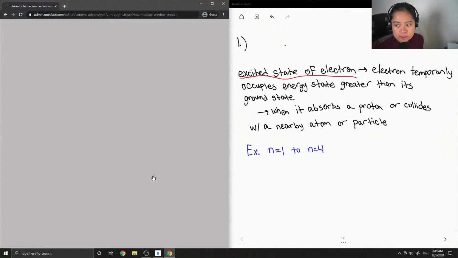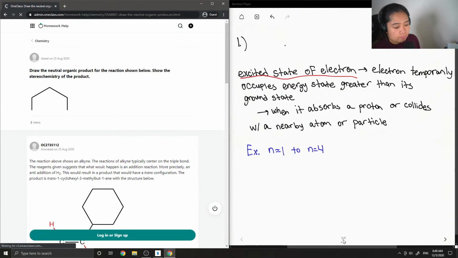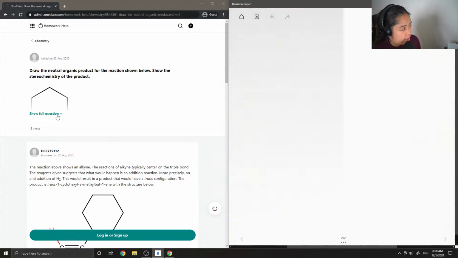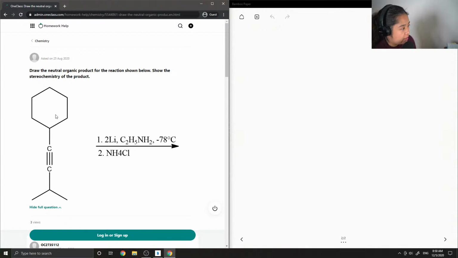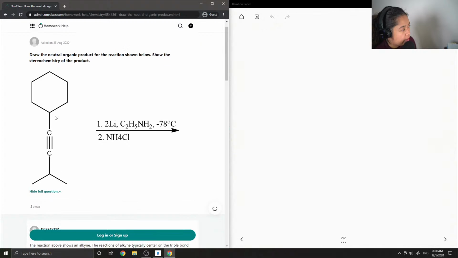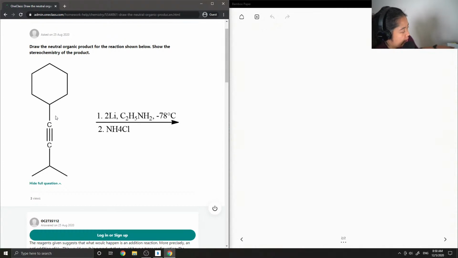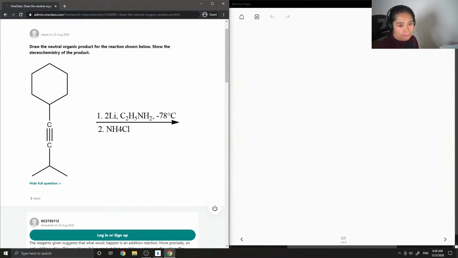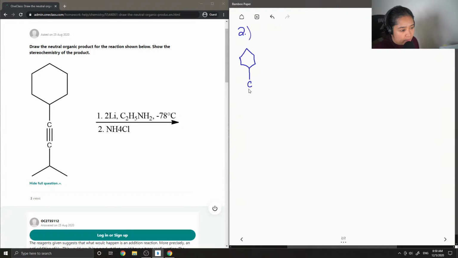Okay, so on to question 2, which asks to draw the neutral organic product for the reaction shown below. Show the stereochemistry of the product. Okay, so let me just first write down our reactant. So this is just an alkyne molecule because it has a triple bond.